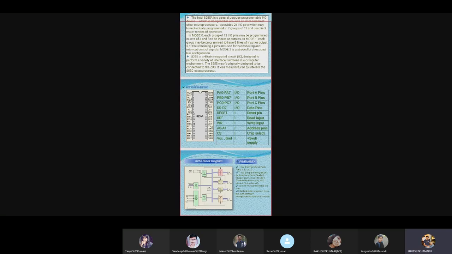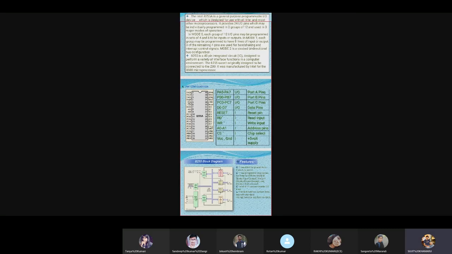Now pin numbers 10 to 17 are PC0 to PC7. Pin numbers 18 to 25 are PB0 to PB7, and pin number 26 is VCC, the 5 volt supply. Pins 27 to 34 are the data bus or data pins.